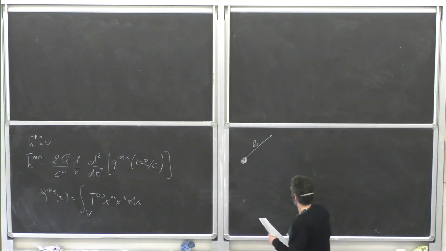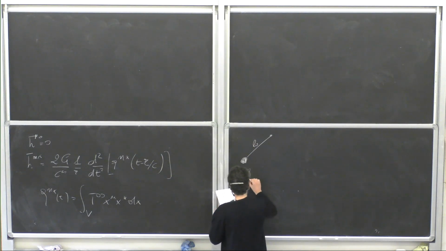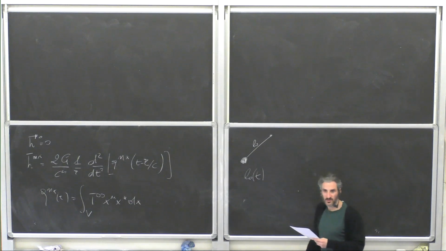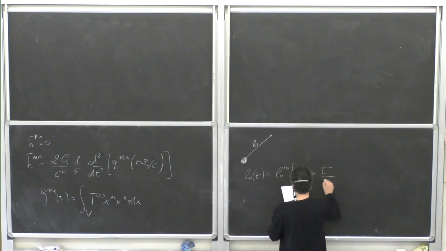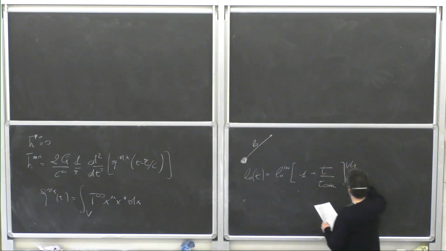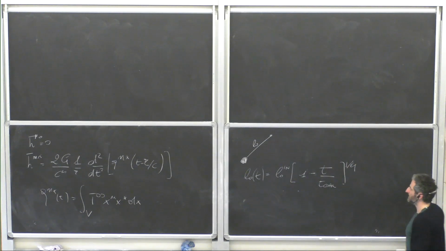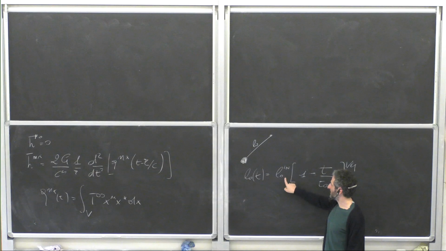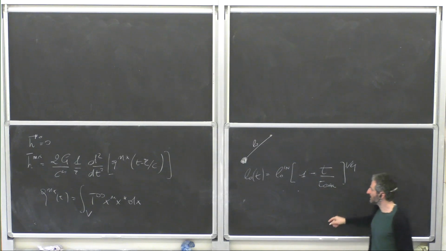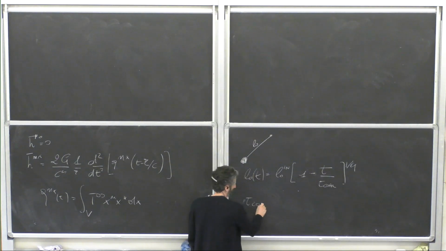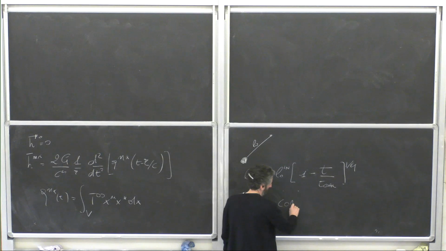The last result was that this L0 gets promoted to a time-dependent quantity, which can be computed at leading order in the gravitational wave emission in this way. So L0 of t, from a starting value L0, decreases over time and goes to 0 at t coalescence, which for us was the coalescence time.